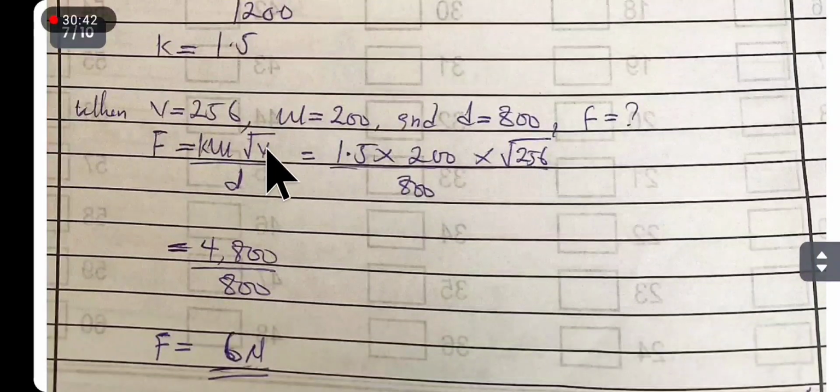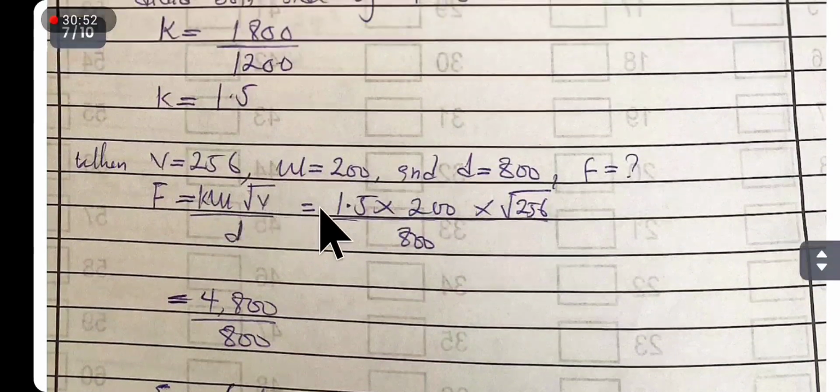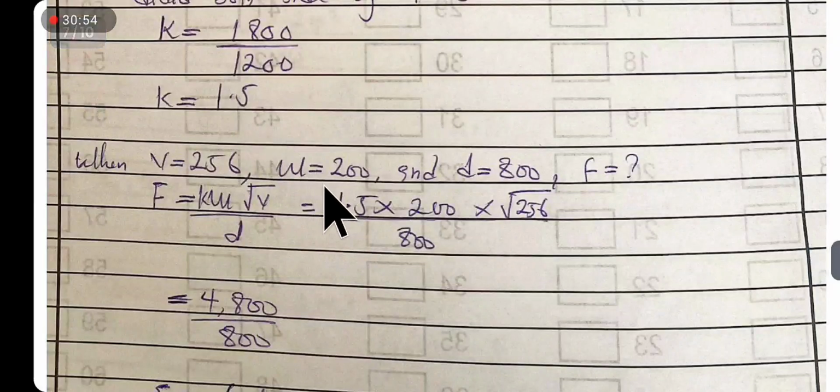So therefore, the formula we are using is still F equals K W square root of V all over D. If this is the case, our K, we found it to be 1.5 from here, times W, which is given here to be 200, times square root of V, V is given to be 256, all over D, D is given to be 800.